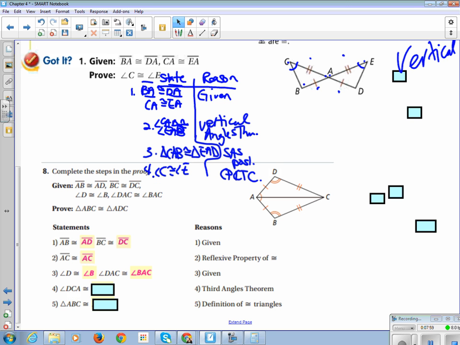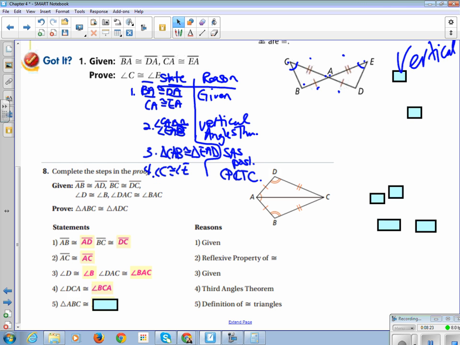So we say DAC is congruent to, or sorry, DCA is congruent to BCA because that's given. Oh, so third angle theorem.